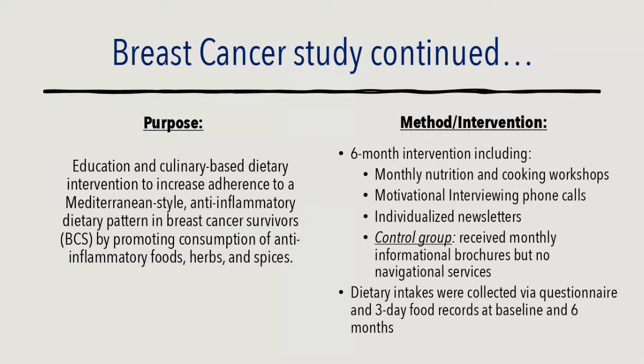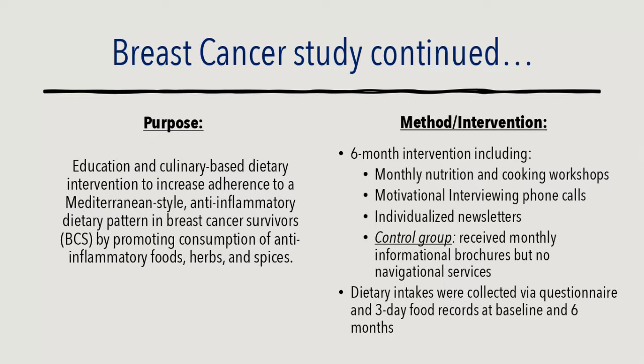They split the group into 5 different cohorts of 10 to 20 of the participants. And in the monthly nutrition meetings, it was based on didactic practices to really give them education on the interactions with the anti-inflammatory diet and preventing recurrence of breast cancer.